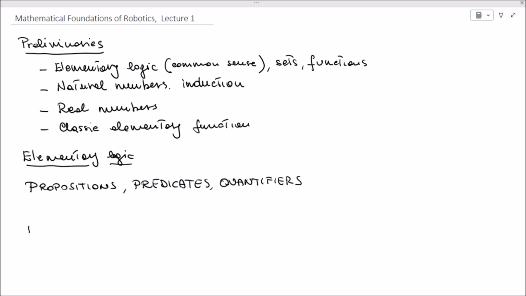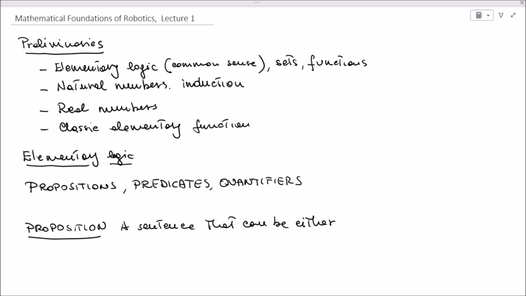So, what is a proposition? A proposition is a sentence that can be either true or false. No other.